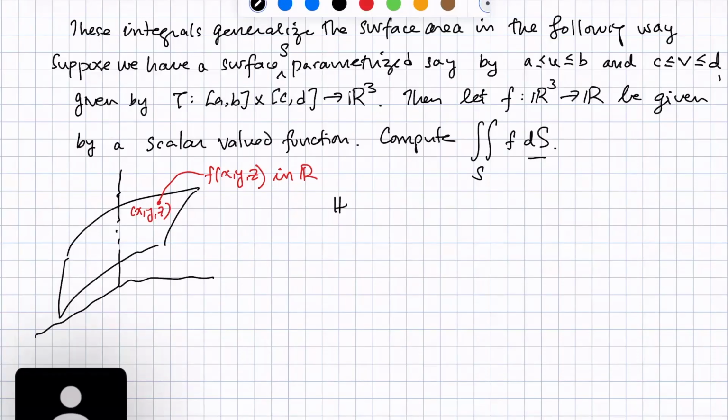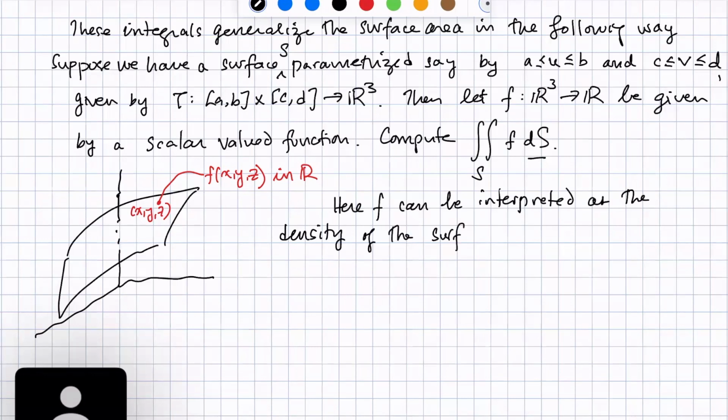Here, f can be interpreted as the density of the surface at each point.